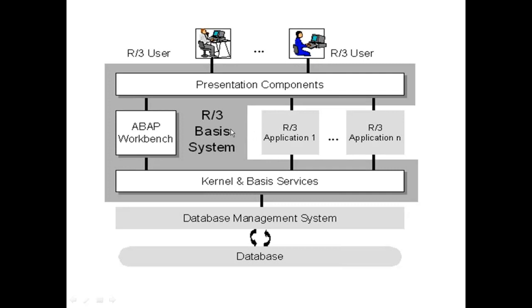The same message server will also establish communication between the application servers, if you have multiple application servers. Otherwise, the message server's responsibility is to collect the command from the end user and pass it on to the respective application server, and then from the application server, when the query is built, it will go into the database.